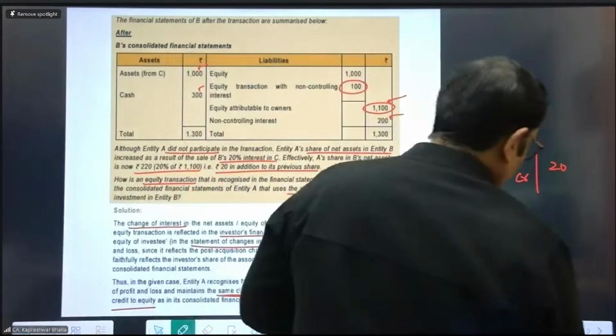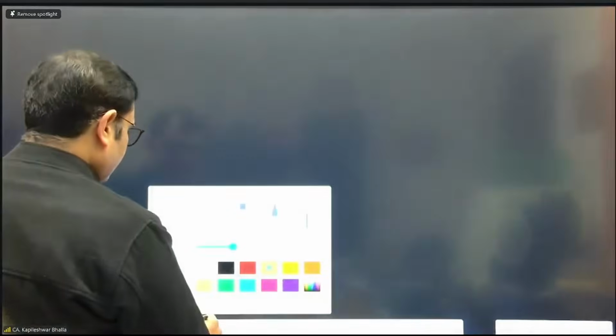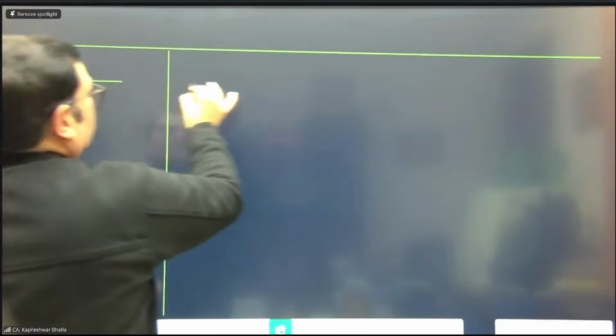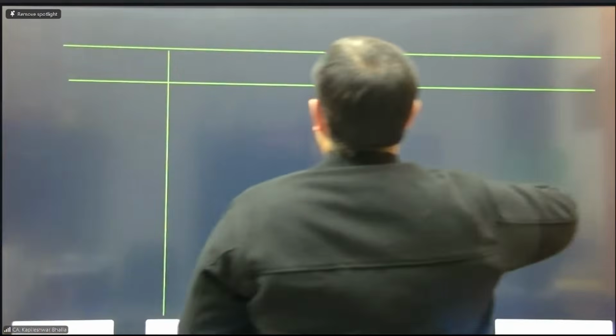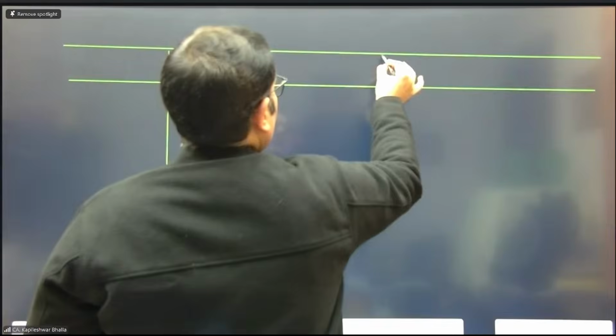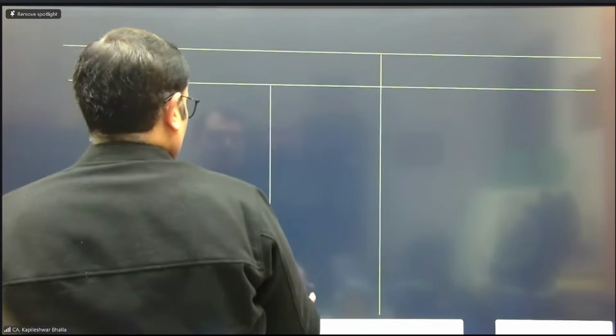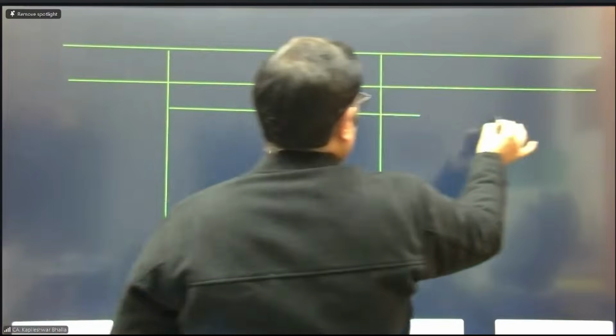Let's now make an interesting mind map. So we are going to make a good summary sheet considering all the 5 adjustments, how they're going to be tackled in terms of balance sheet and in terms of P&L. So let's divide this in 2 blocks first of all, and we divide this further in sub 2 blocks.